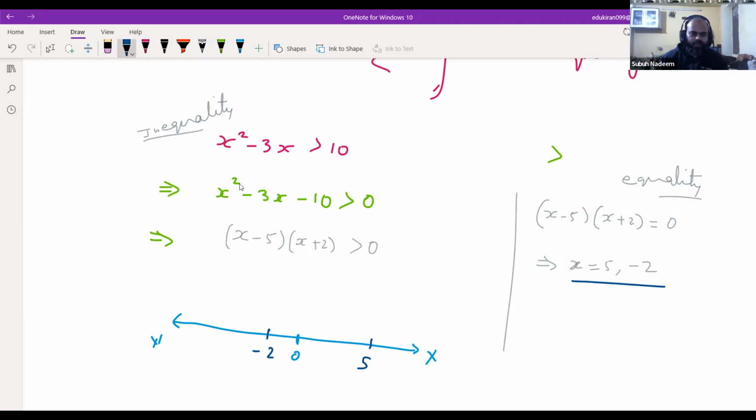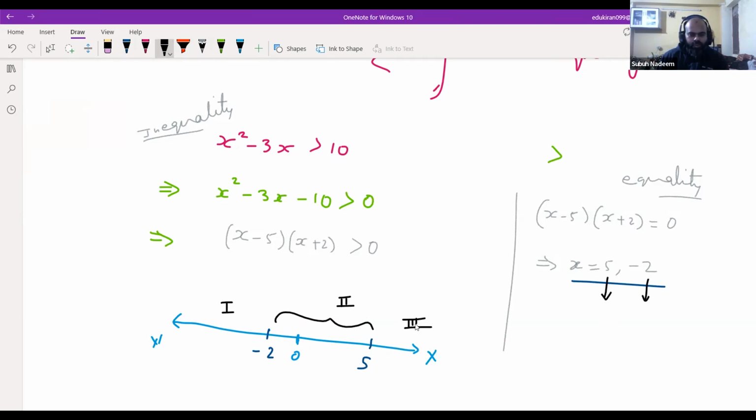So there are 3 regions. What are those regions? One region is this region. Another region is between minus 2 and 5. And another is after 5. Because we have only 2 points, minus 2 and 5. 0 I have just drawn here to show you where the origin is. So two points are there, 5 and minus 2, so there are 3 regions.